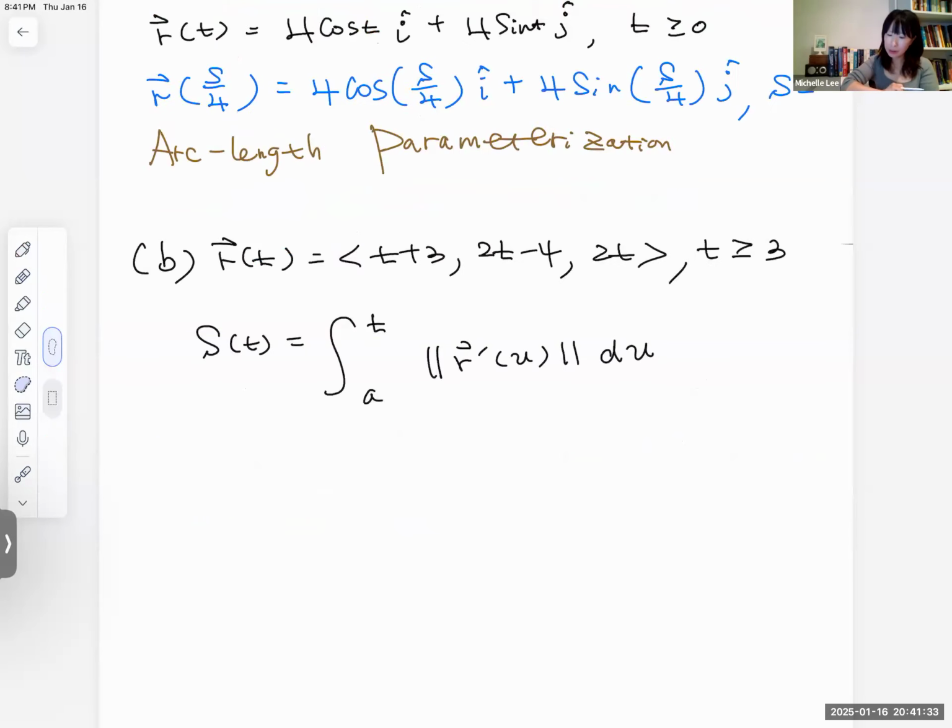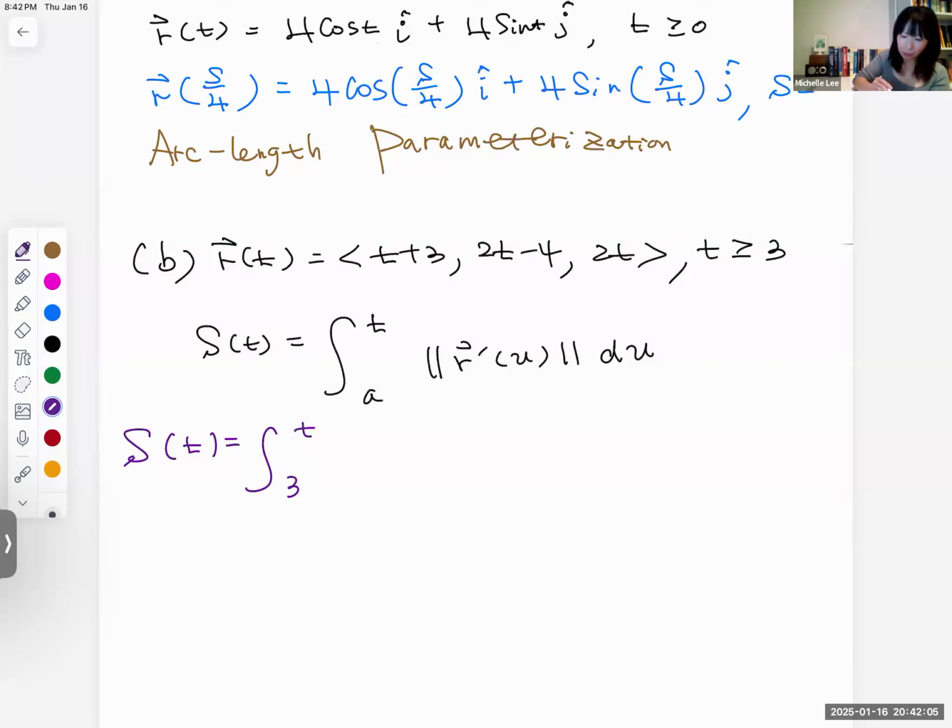Okay, so here is the second problem. So we have r of t equals t plus 3, 2t minus 4, 2t, t is greater than or equal to 3. So we want to make a parameterization. So we have the formula, s of t equals the integral from 3 to t.